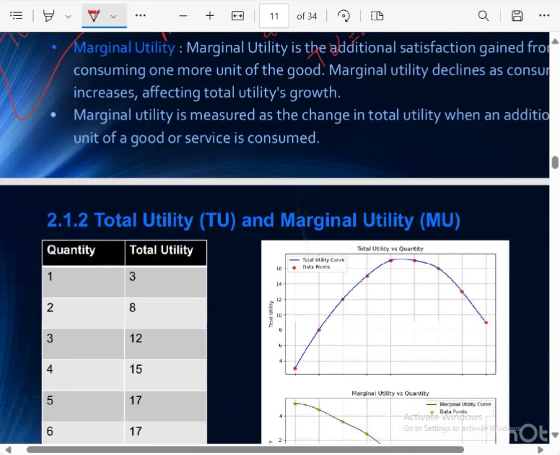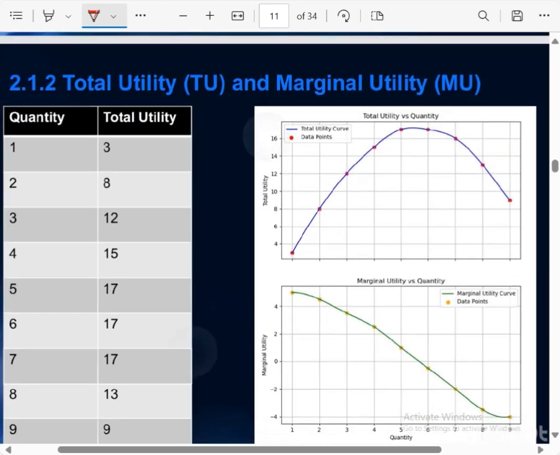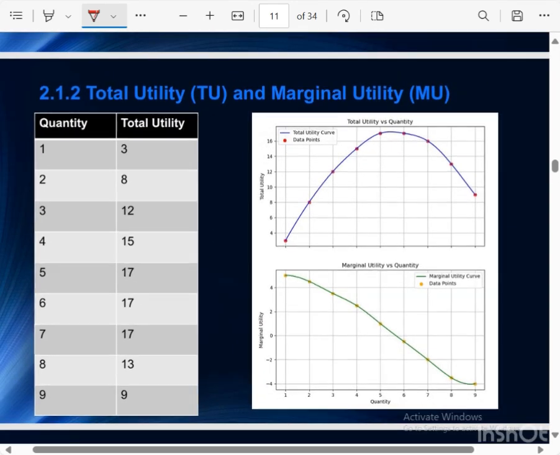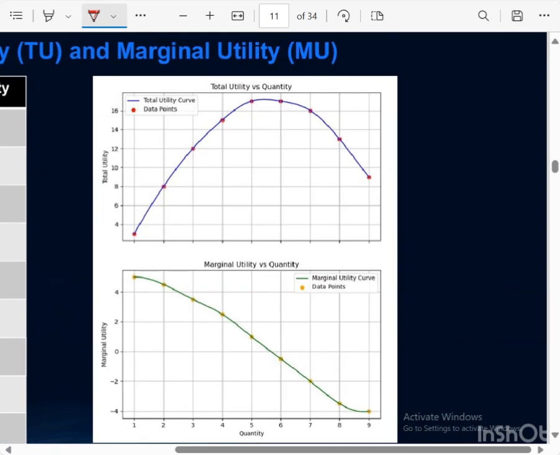So we can see the graph of total utility and marginal utility. In this, there are two graphs. The blue one is total utility, and this is marginal utility versus quantity. Then we can see in this graph total utility increases as more units are consumed, but reaches a maximum, and then it decreases.